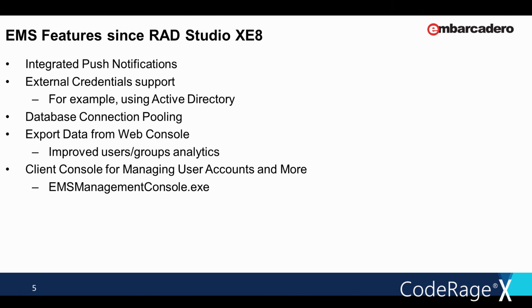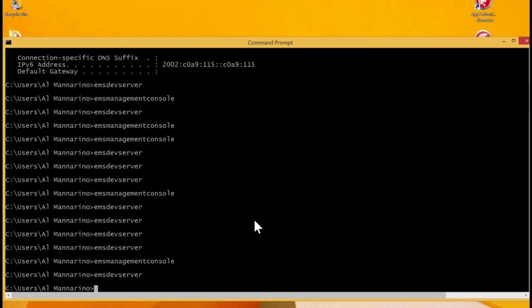We saw that button inside of the EMS console where you can export the data from the web console, so you can have improved user group analytics. And the EMS management console that I showed previously allows me to manage users, groups, installations, push notifications, and more.